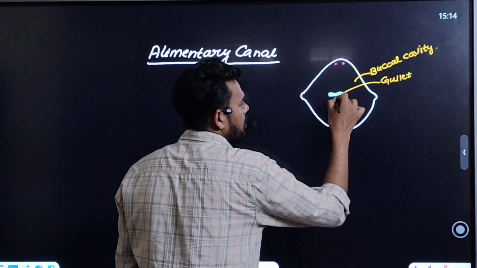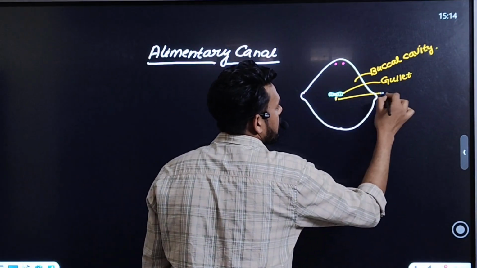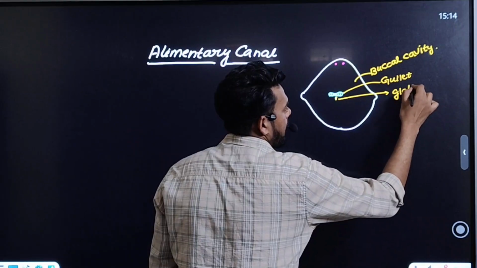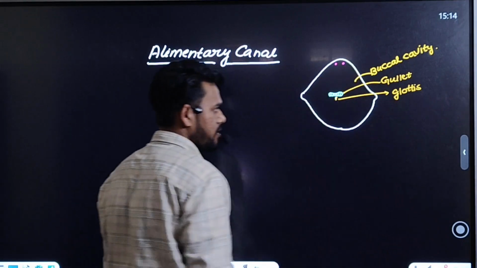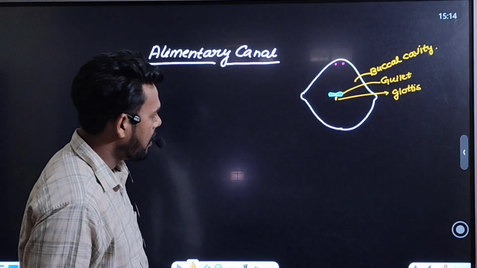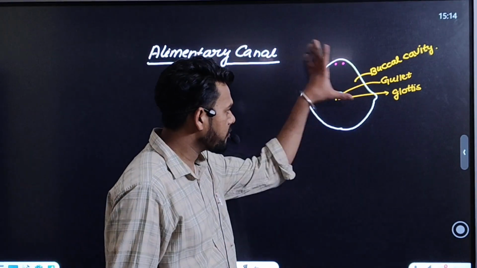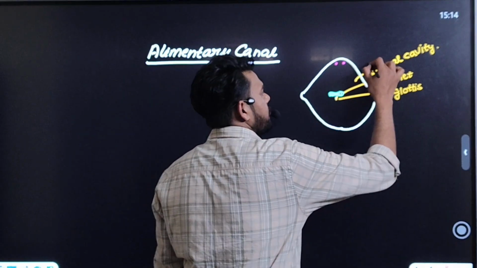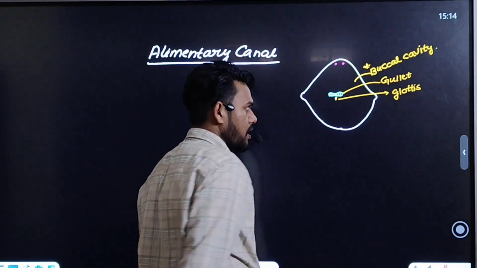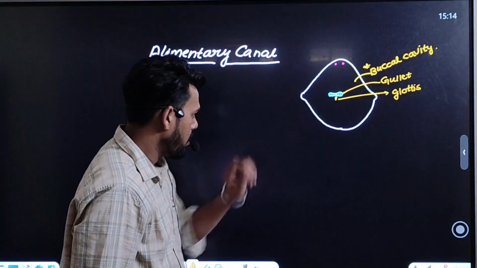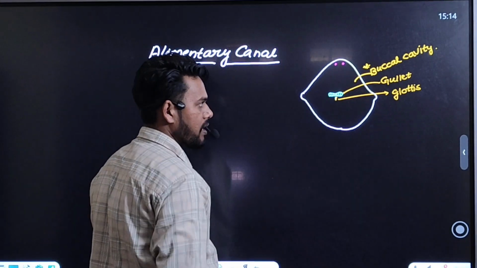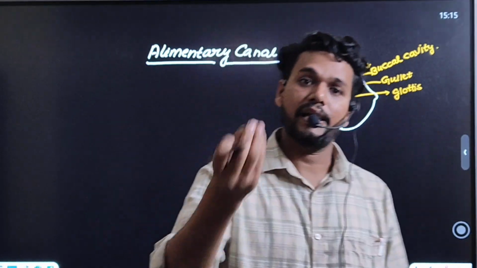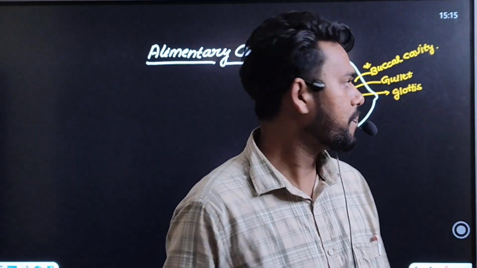This is the glottis of the frog. So, the alimentary canal of frog starts from the mouth. Inside the mouth there is a cavity called the buccal cavity. At the center of the buccal cavity there is an opening called the gullet, from where it engulfs the food.